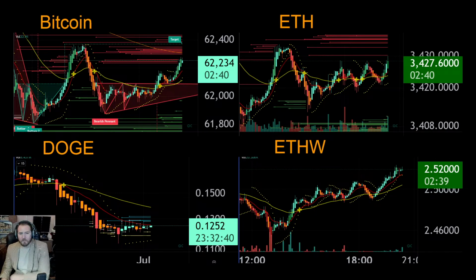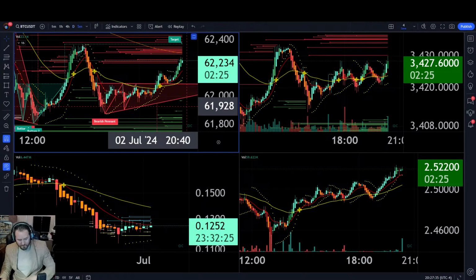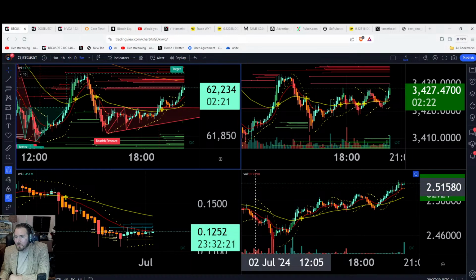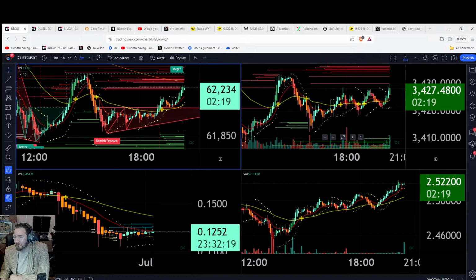Let me teach you guys something about TradingView real quick. So in TradingView, at the top, let's see. Let me double check this.